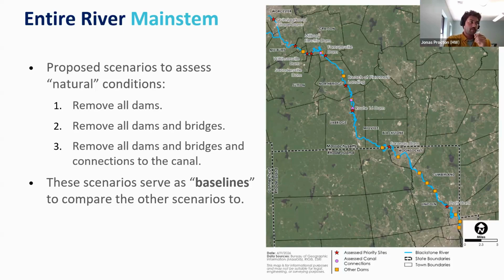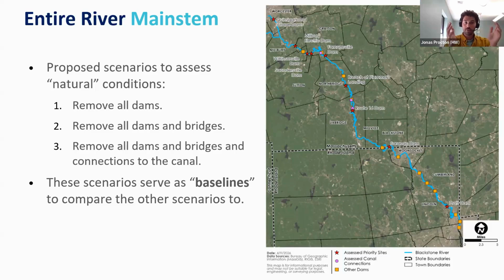Then we built that up to our second scenario. What if there just weren't any bridges crossing the river? Any of these points that might be choke points, if those weren't impinging on the river, how would that affect flow? Just like with dams, it lets us compare what the maximum flood levels can be.